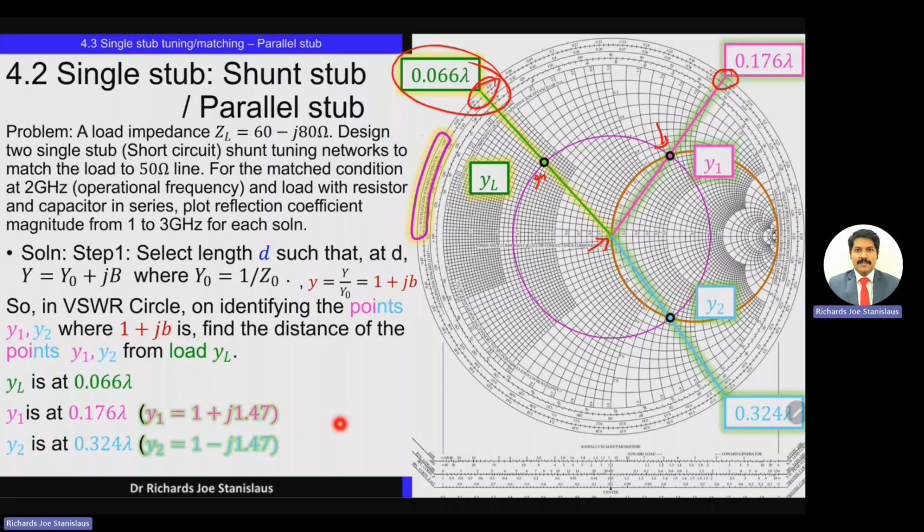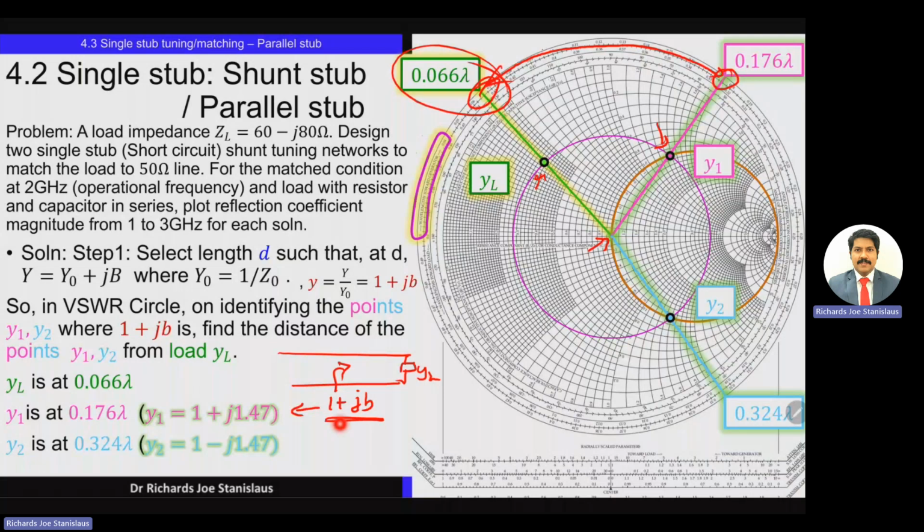Whatever value you observe is the location of Y1. The distance between the load and Y1 is the difference, 0.176 minus 0.066. That gives you the distance from the load location where you will read an input admittance of 1 plus JB, where 1 plus JB is 1 plus J 1.47.